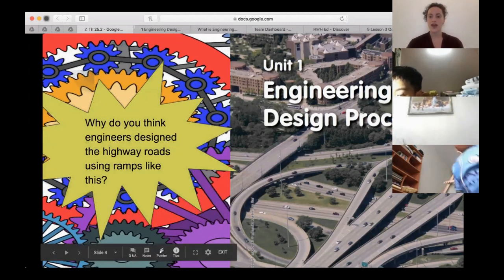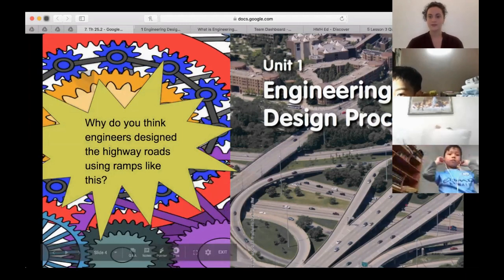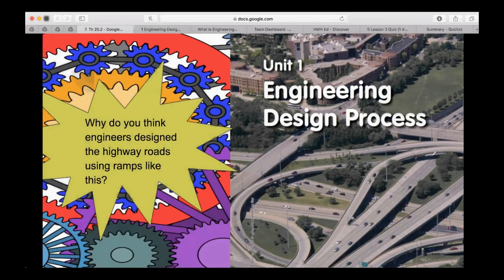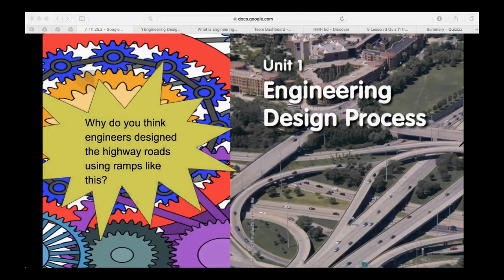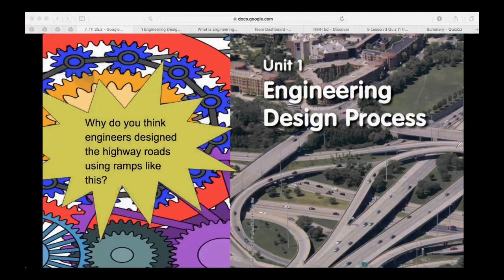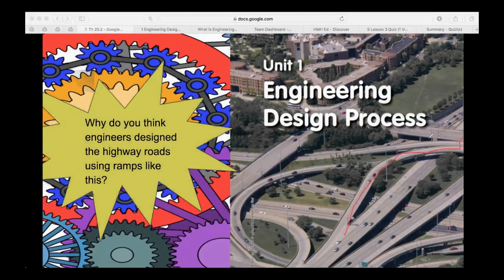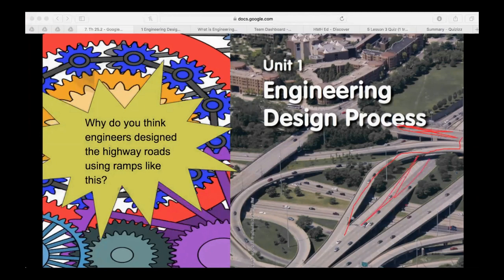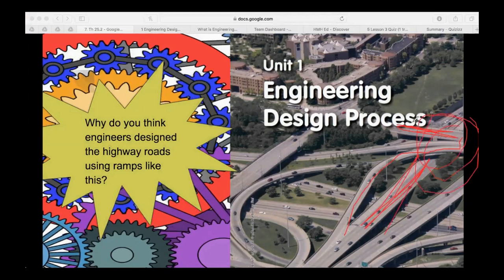So if you look up at my screen, I will show you where a ramp is. For example, I'll do it in red. This road here, you come off it onto this ramp so that you can get on this road. That way you can get from this road to this one with no stoplight. See, there's no stoplight here.